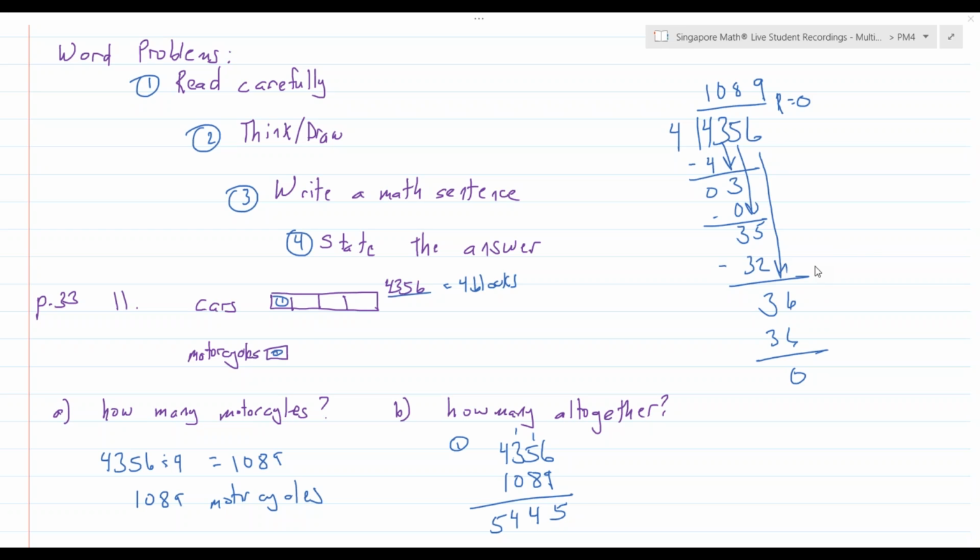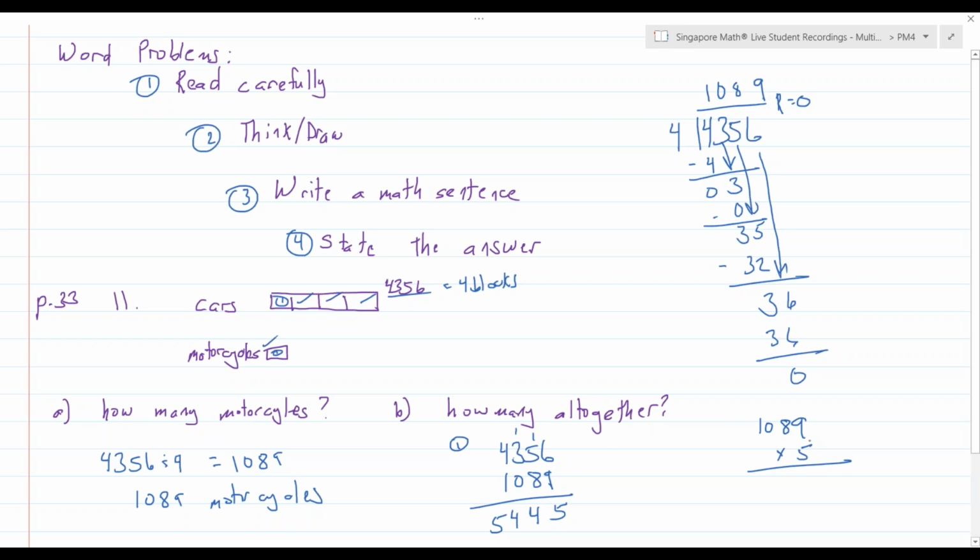But did you notice that what I also have is blocks of 1,089, and I have 5 of those blocks, right? There are 4 in the cars and 1 in the motorcycles.